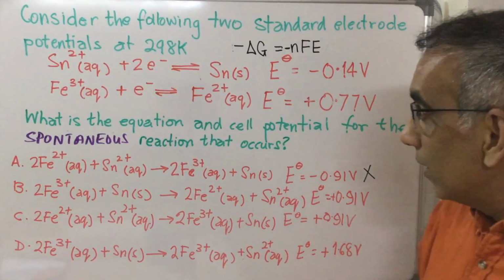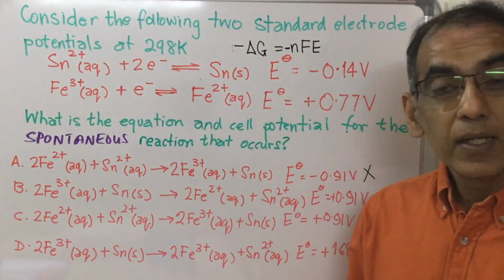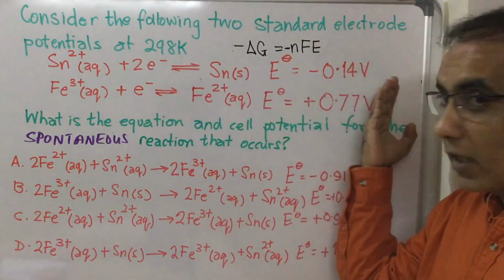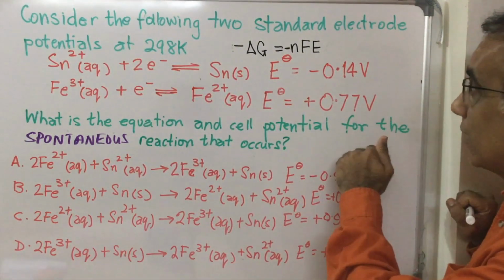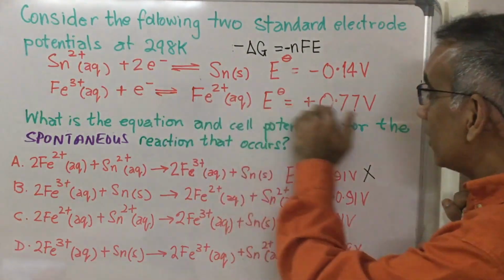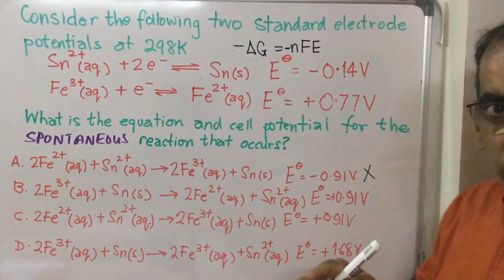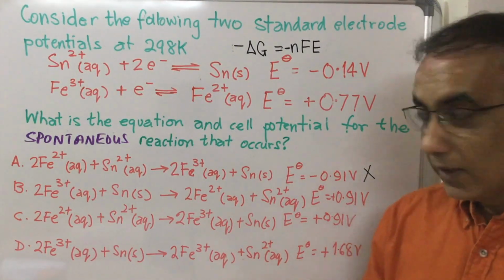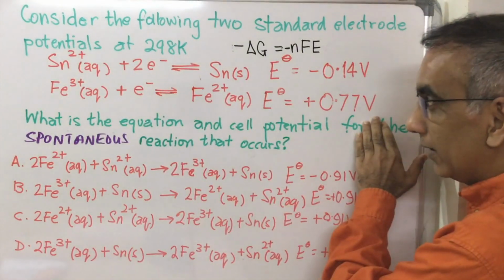With that in mind, we have to look at which species is going to be oxidized and which is going to be reduced, because both of these are reduction potentials. But seeing that the standard electrode potential for iron is much more positive than that for tin, it means when both of them are put together in a reaction or in a voltaic cell, that this process would happen with respect to iron.